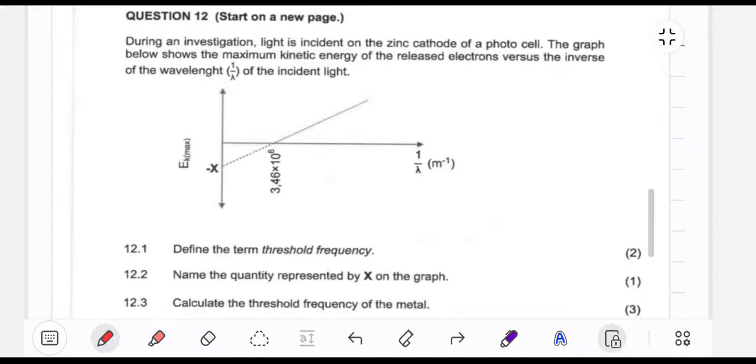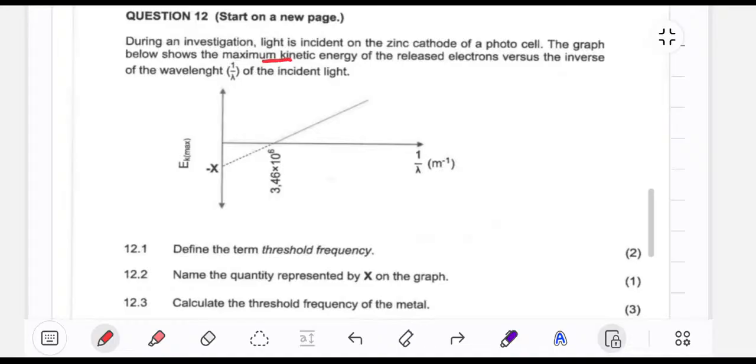During an investigation, light is incident on the zinc cathode of a photocell. The graph below shows the maximum kinetic energy of the released electrons versus the inverse of wavelength of the incident light.